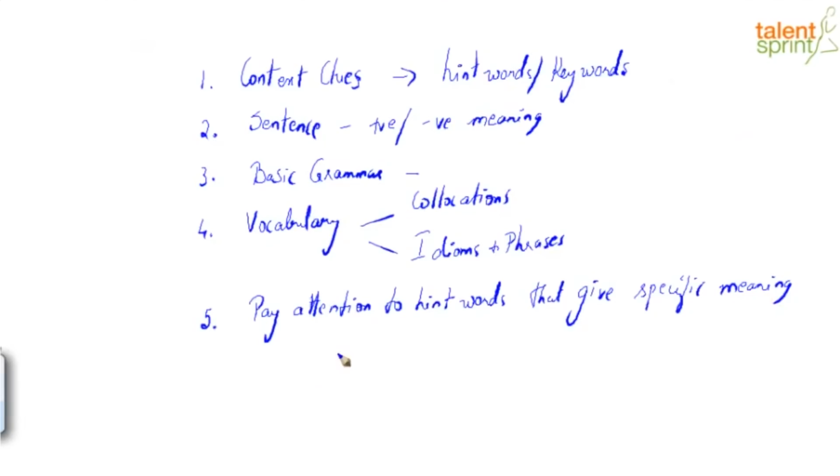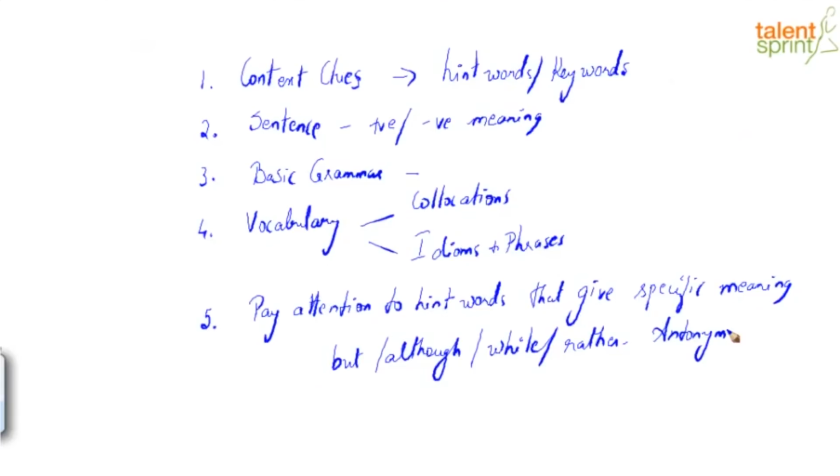Another thing that we said is pay attention to hint words that give specific meaning. So I'm referring to if I have but, although, while, rather. So all this, which means antonym meaning. So if this is present in the sentence, look at adjectives before the blank and then choose the appropriate word in the following blank, right?